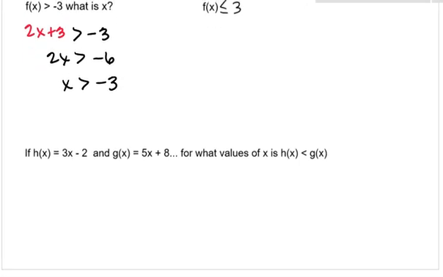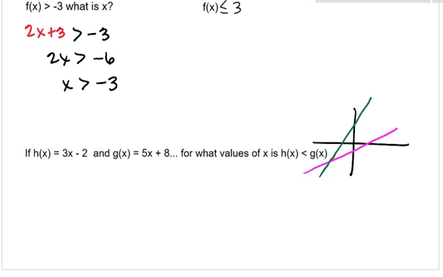Okay. If they give us h of x and g of x are two different linear functions, and they ask us for what values of x is h less than g. Well, if we had a graph, this is probably not going to be drawn to scale. Actually, no, I can. Okay, I'll draw g like that, and h like this.